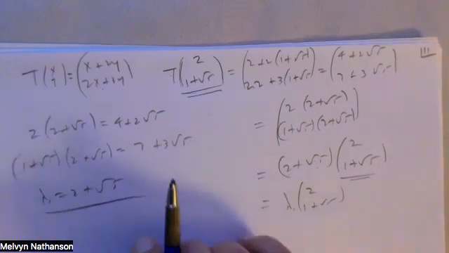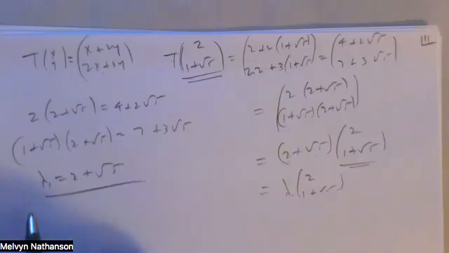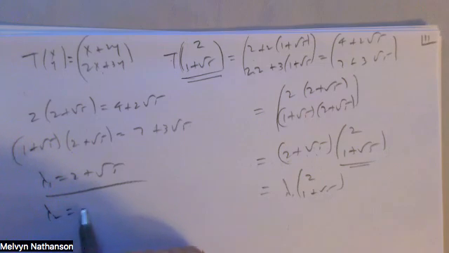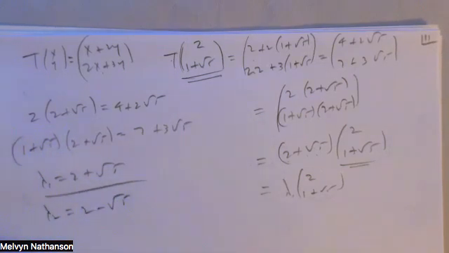So, yeah. Let's find the second eigenvalue, or sorry, the second eigenvector. The second eigenvalue was lambda 2 equal to 2 minus root 5.